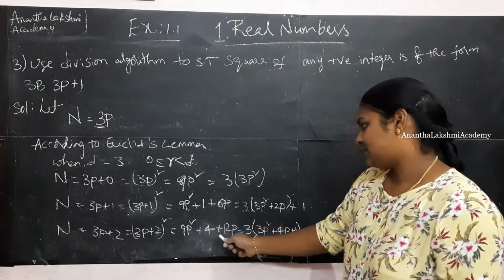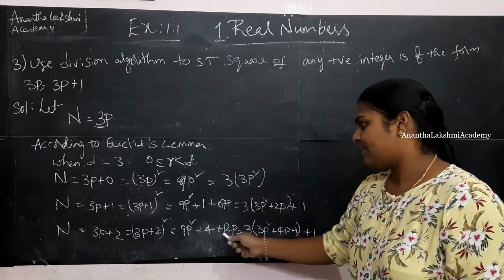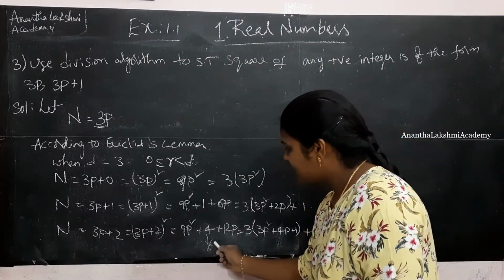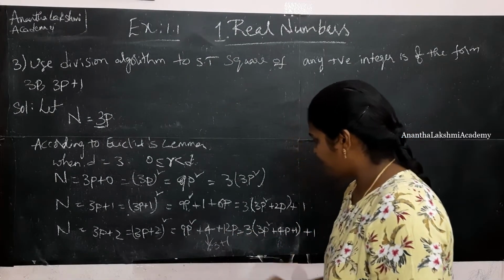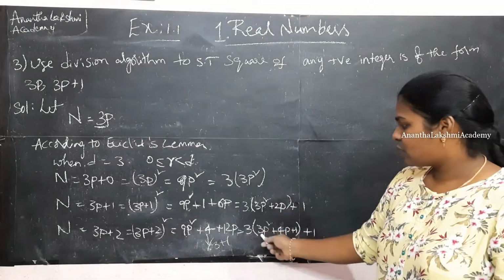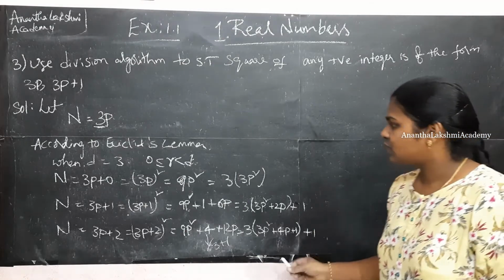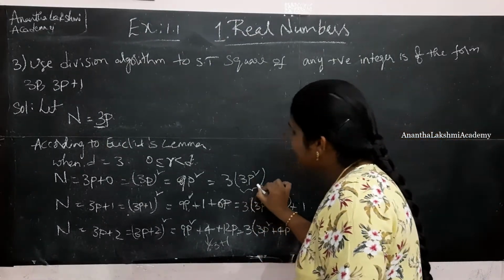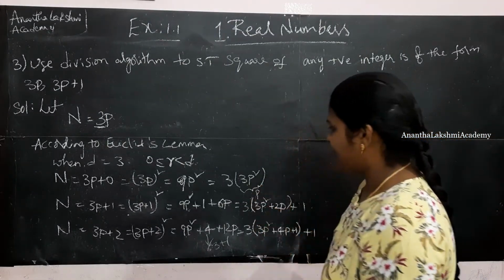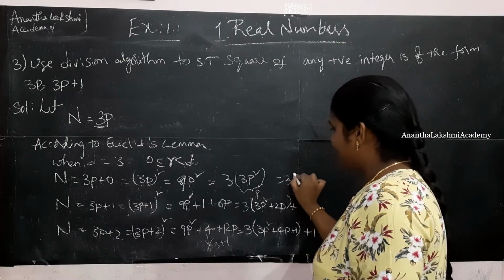Now among these two, 9p square plus 12p, I have written 4 as 3 plus 1. So when I took 3 common, 3p square plus 4p plus 1 is 3 plus 1, which is 4. Now let me assume this as p. What does this become? 3p.